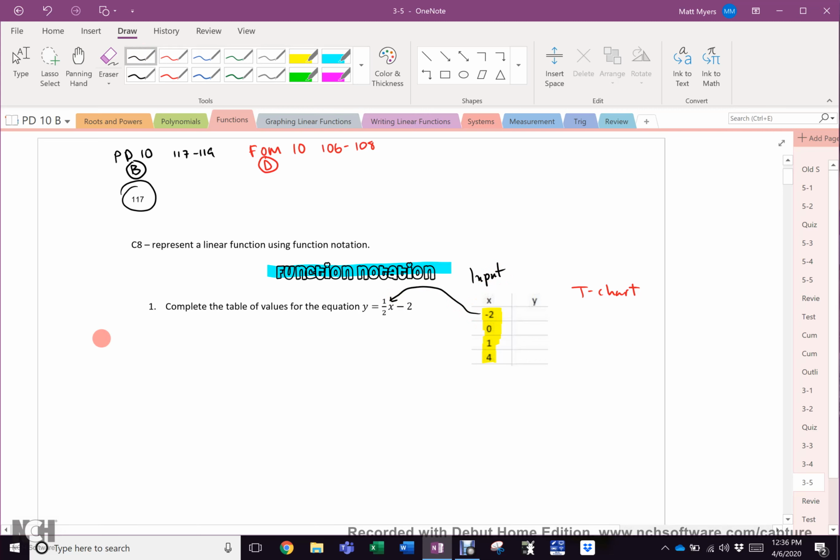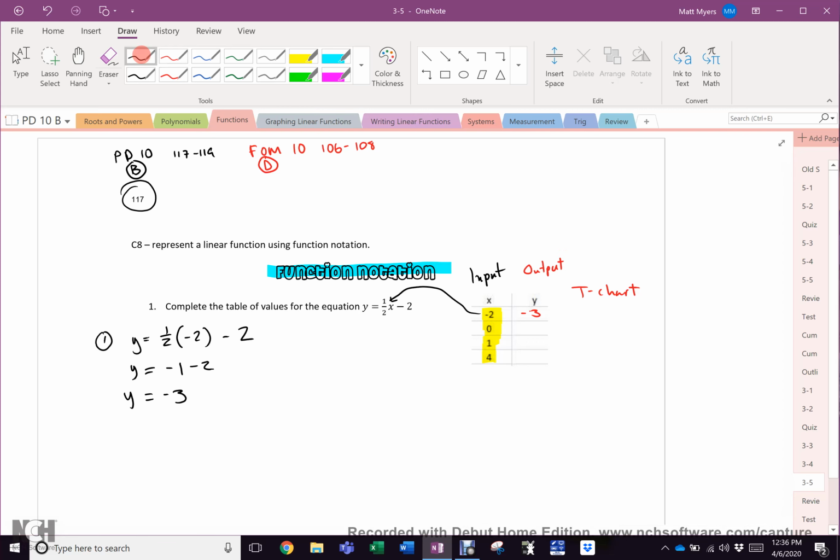So the first one, y would equal 1/2 of x, which is -2, minus 2. 1/2 of -2 is -1, minus 2 is -3. So y would equal -3. Right there, y equals -3. There is a y spot. This is your output.